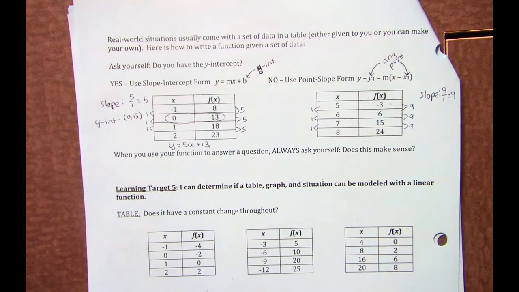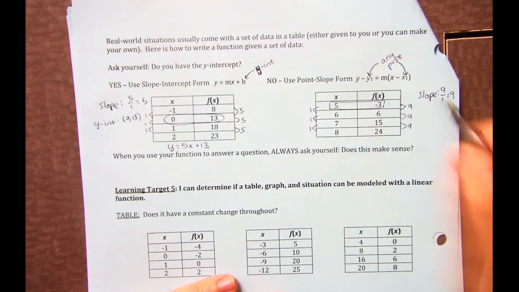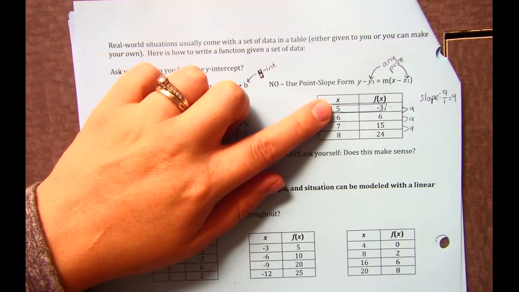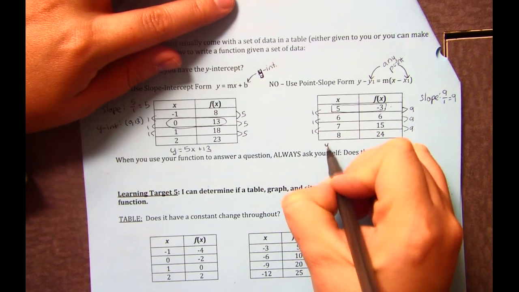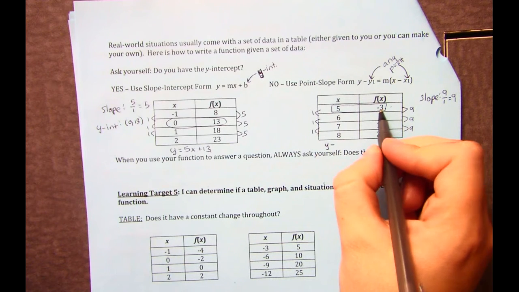Now we don't have the y-intercept, so we can just pick any point we want. And it really is any point we want. I will just pick this first one. You can pick any of these points. It really does not make any difference at all. So whatever is your favorite point. So I usually just pick the first one. So then we write our equation. So it's y minus the y-coordinate. Now the y-coordinate is a negative 3.